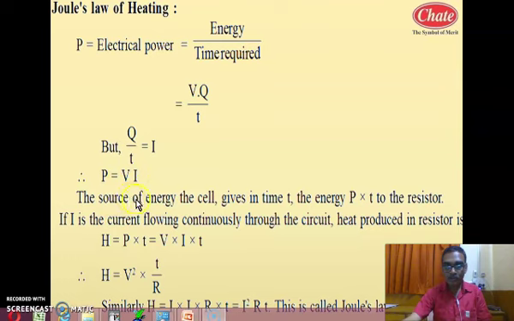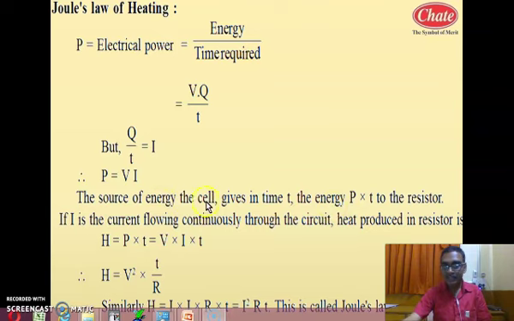The source of energy is the cell. Here the source of energy is the cell. In time t, the energy will be equal to power into time. So this cell gives energy. How much energy is given by the cell to the resistor?